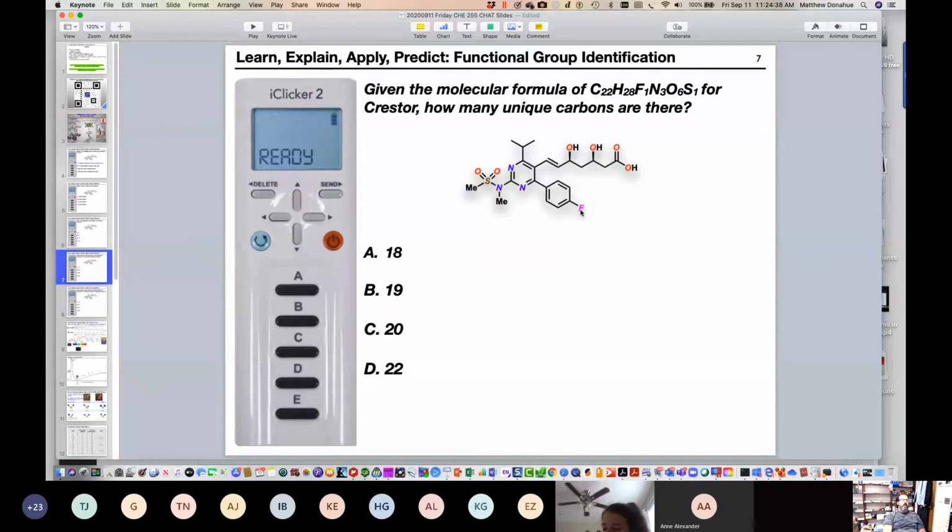What may be confusing you is that the way that structure is shown on the screen is a static image, but all these bonds are rotating. Every bond is moving. So this methyl group, this bond rotates. So this methyl group ends up over here. This methyl group ends up over there. So there's rotation.